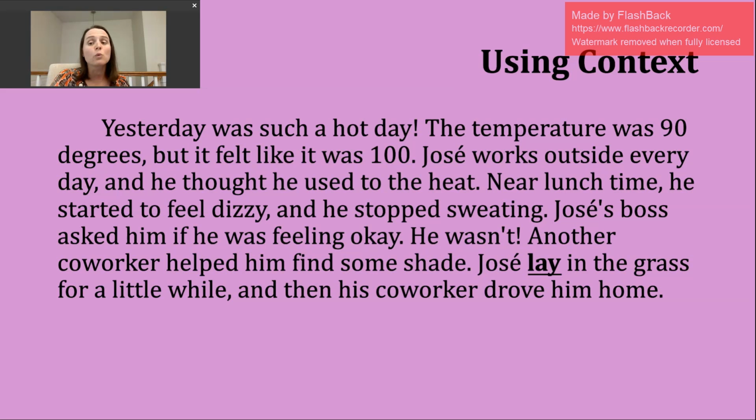So Jose reclined in the grass. And that might be another way for you to think about using which verb. Could you put the word recline into the sentence, and would it generally make sense? And here that test would work. Jose reclined in the grass. So I know that this is the past tense form of the verb lie.